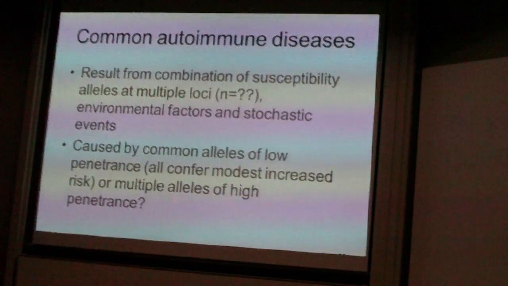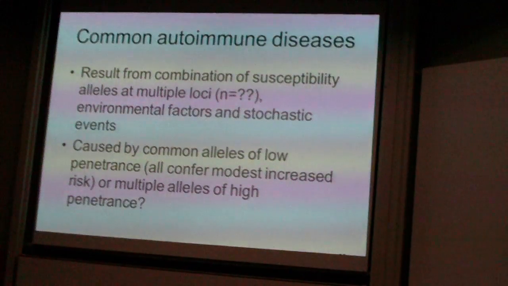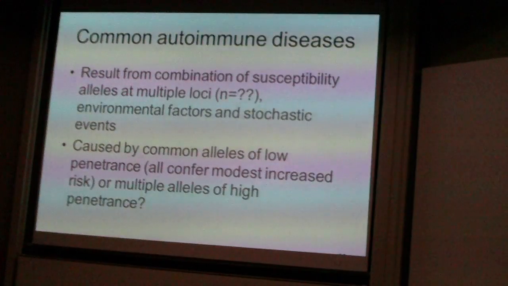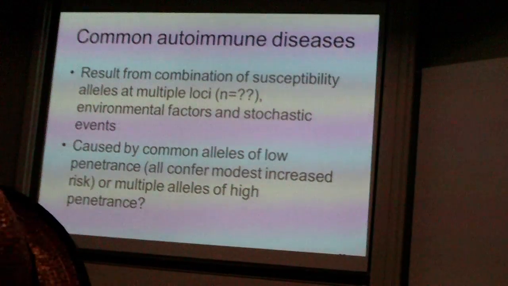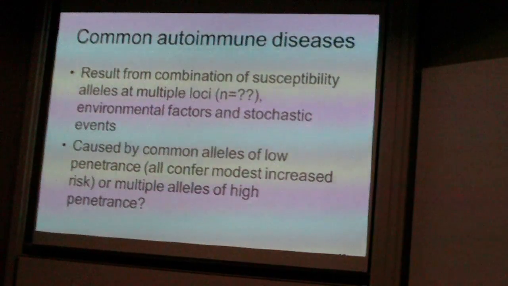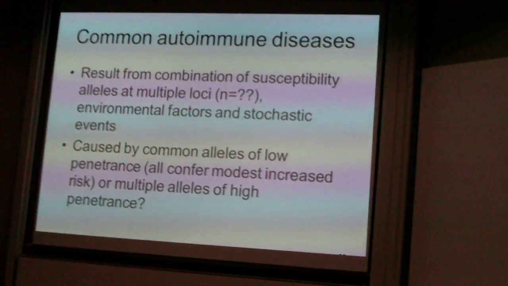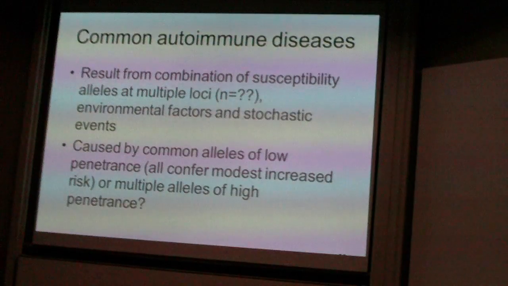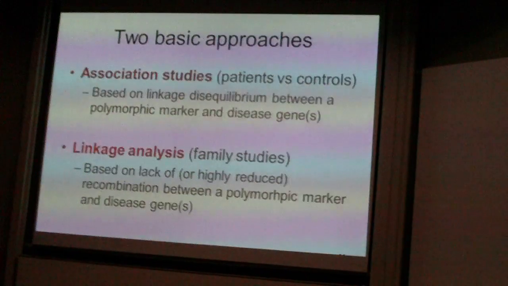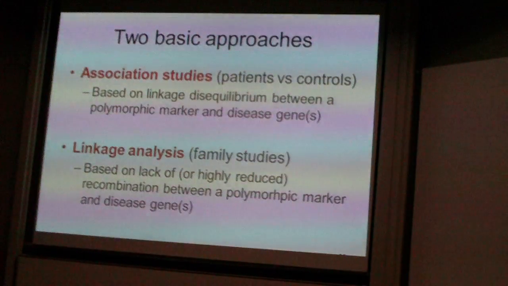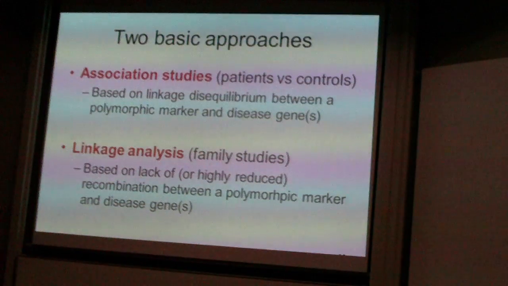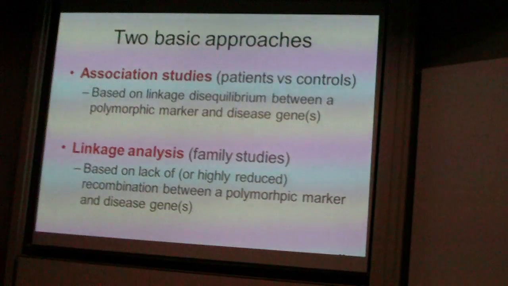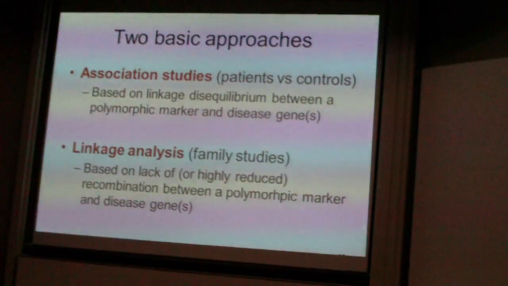We also don't know the interaction with the environment, so it's possible that in some cases you need to add up some genetic susceptibility factors to increase your chances, but still the environment is important to really determine whether you will develop that disease. So this, of course, makes life extremely complicated. And the way to identify these genes is sometimes a little bit different from what I said before for the simple one gene disorders.